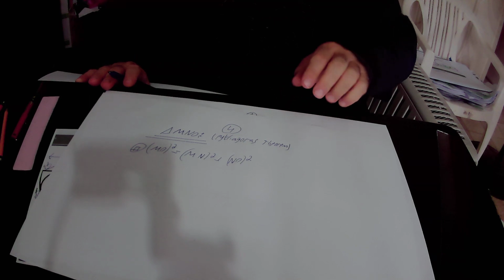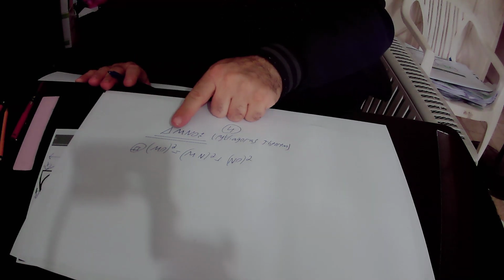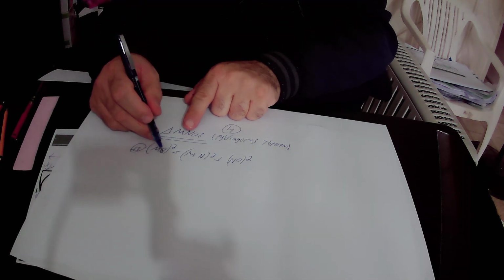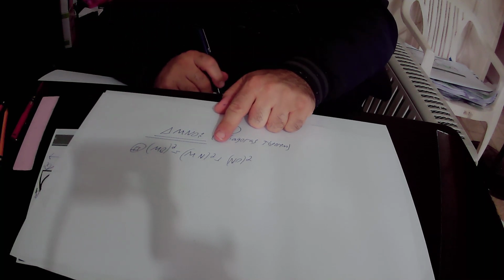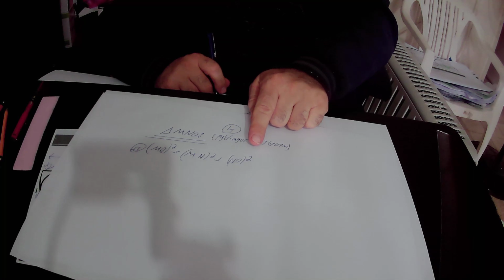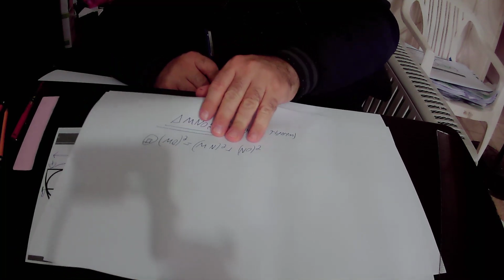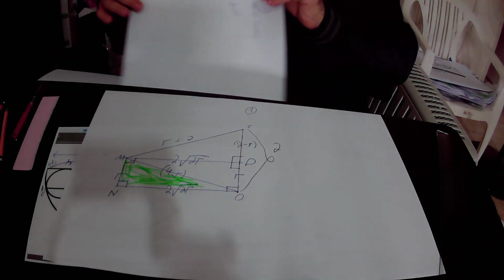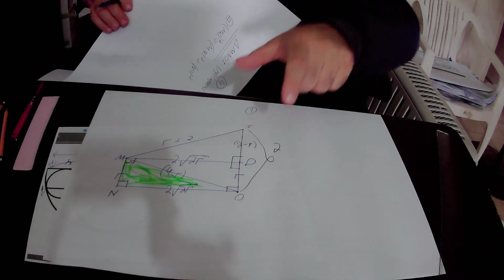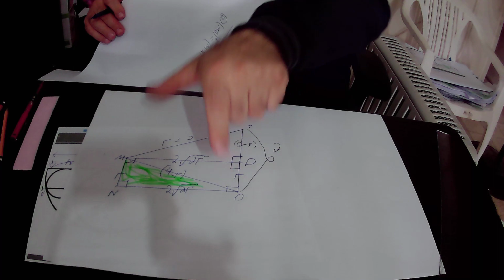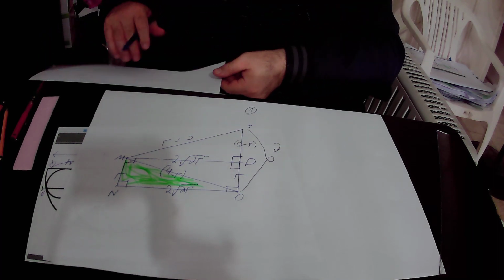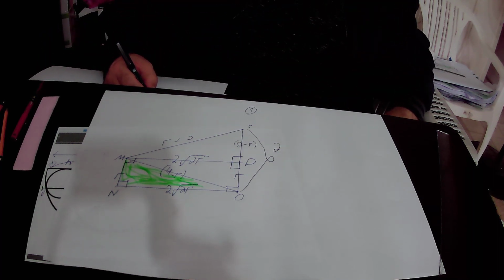That is to say, the square of the hypotenuse is MO squared, and MO squared equals MN squared plus NO squared. But we have already found out that MO equals 4 minus R, therefore MO squared will be equal to (4 minus R) squared.